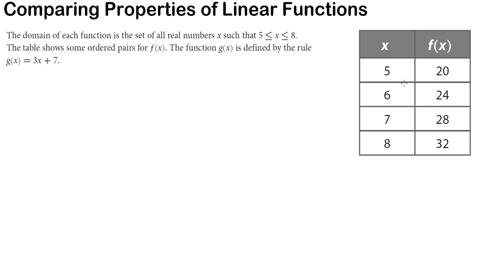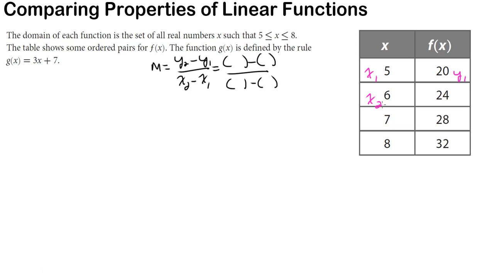We're going to use point slope form, which means first we need to find the slope. Remember, the slope formula is y2 minus y1 over x2 minus x1. I'm going to set this up with my parentheses, and then label one of these points as x1, y1, and the other point as x2, y2.